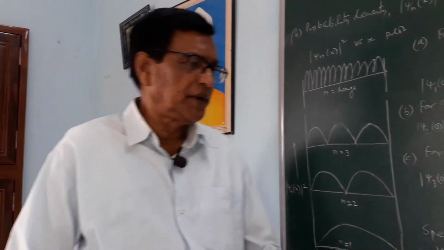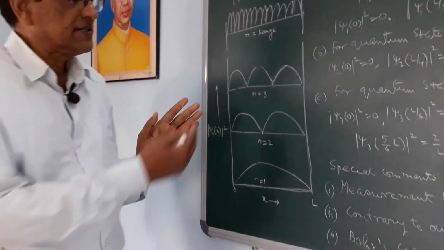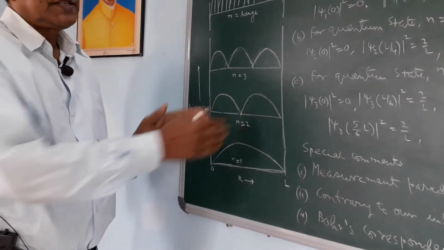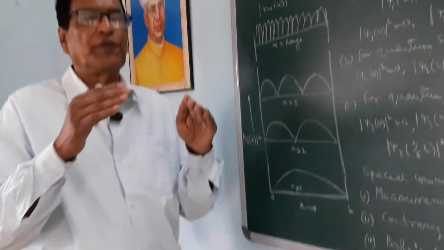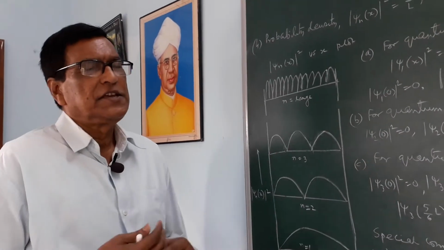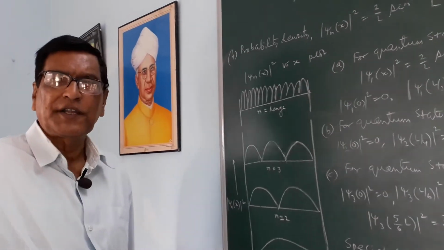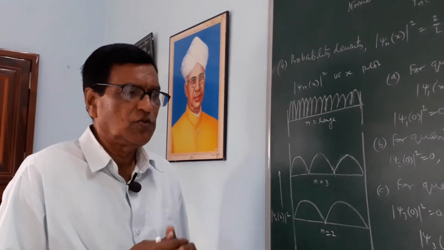This is the measurement paradox, as all the chances become one when we are doing the experiment for finding this particle within this box, and this is also one paradox.